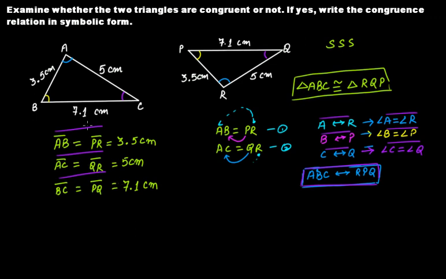When this triangle covers this triangle, PR will fall along AB, QR will fall along AC, and PQ will fall along BC. Therefore, they are corresponding sides. So, the correspondence relation: corresponding vertices, corresponding angles, and corresponding sides.